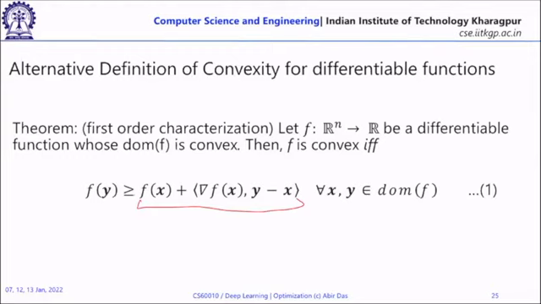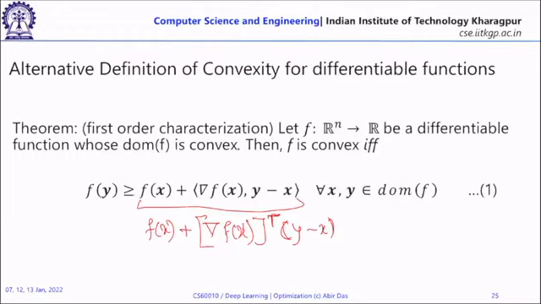So what we mean by this is, this is f(x) plus grad f(x) transpose (y minus x). Now, can you tell me where you have seen it? I'm giving you a hint: it's the first two terms of a series. Taylor series. Right.